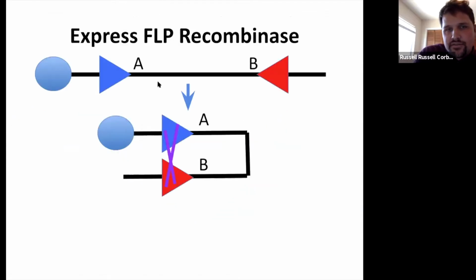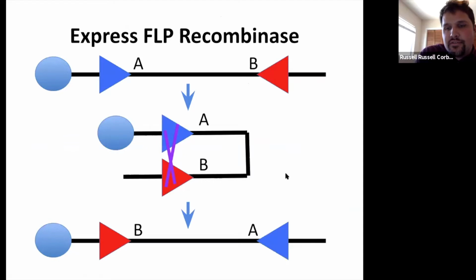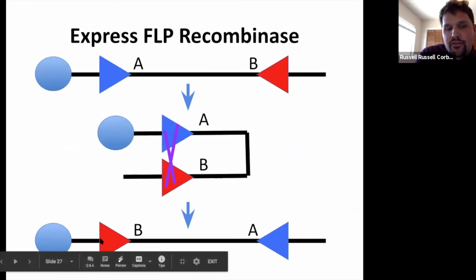And so what you can do is, if you construct this chromosome using standard genetic crosses to put these two FRT sites on a chromosome, and you then express flippase recombinase, it drives ectopic recombination between those two sites. And what that will do is generate a new chromosome. You can see that the red and blue have swapped, the A and B have swapped. So we've reversed the section in the middle between these two FRT sites, but it's genetically identical to its progenitor.